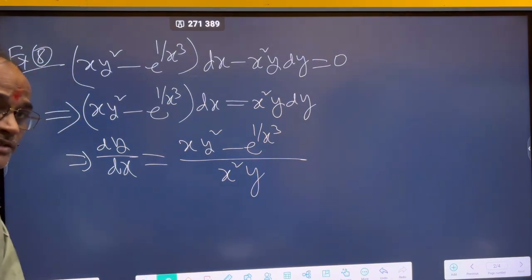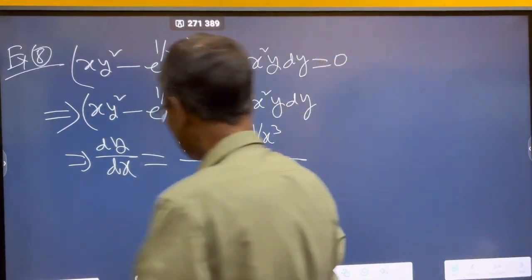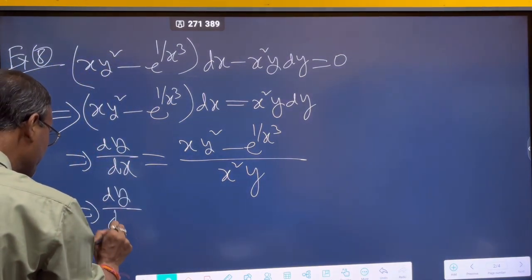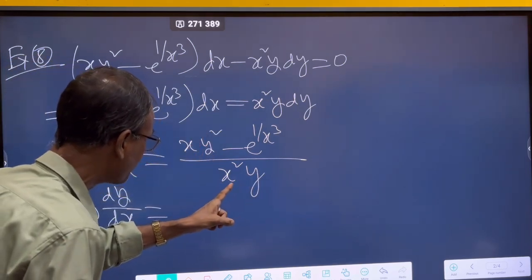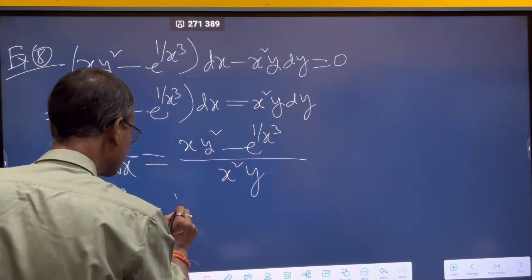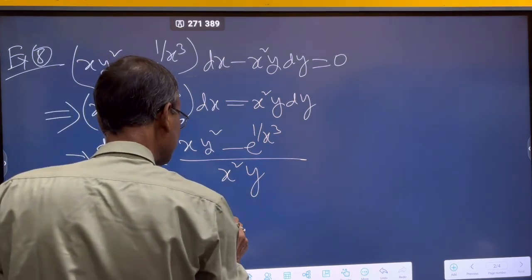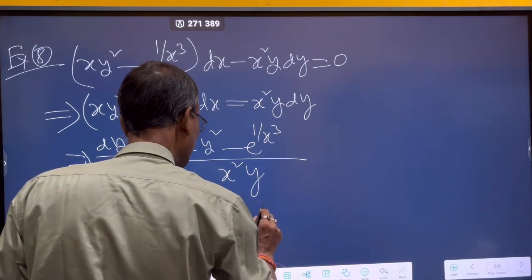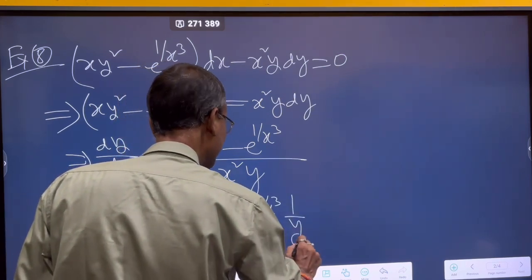You may write it like this: dy by dx equals xy square by x square y, which is y by x, minus 1 by x square e to the power 1 by x cube into 1 by y.